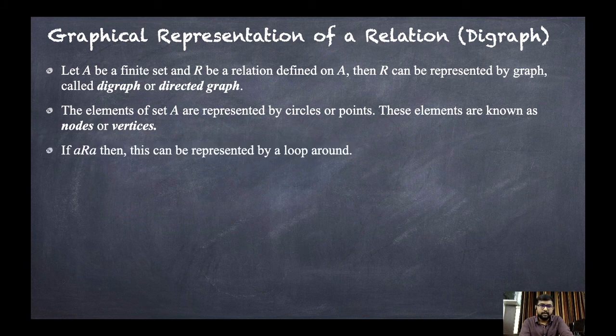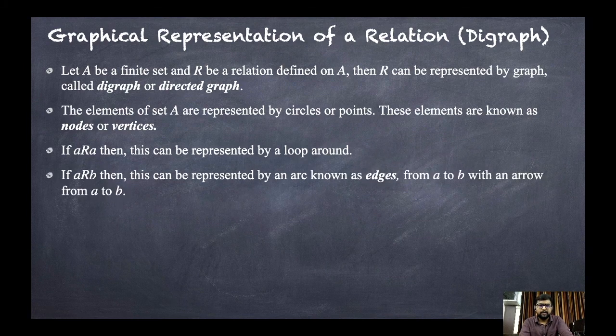If A is related to A, that means if A is related to itself, then it can be represented by a loop. And if A is related to B, that means both the elements are different, then this can be represented by an arc, known as an edge, from A to B with an arrow from A to B. We will just see the figure. The first one: here we have only 1 point.